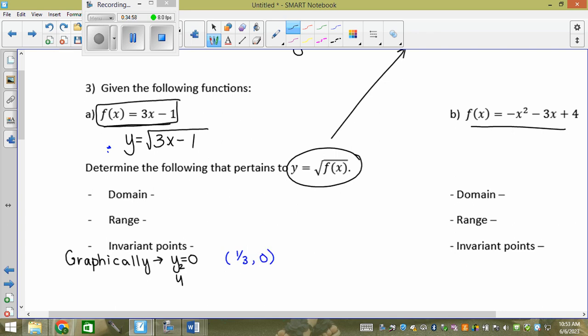And then y2, what are you going to change your y2 to for the other invariant point? 1. Take out 0 and now put in 1. Second trace 5, enter, enter, enter. Oh. 2/3?